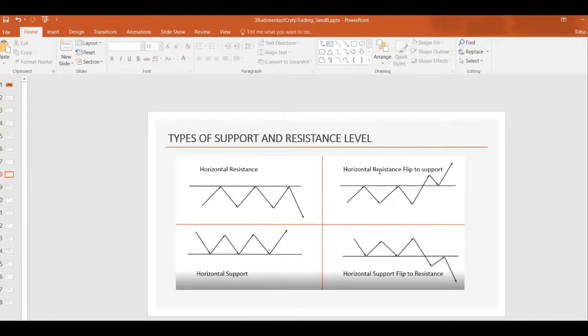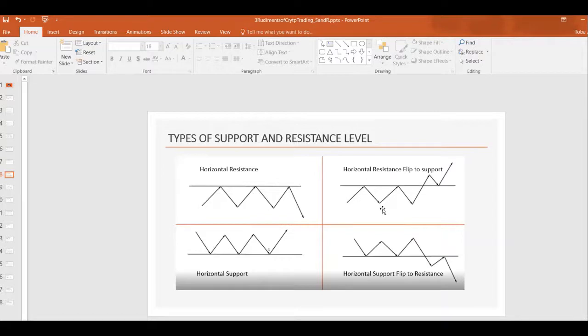Now we also have support or resistance flip. This is a resistance line at first, but the resistance line now became a support line. It could be confusing, but don't get it wrong.